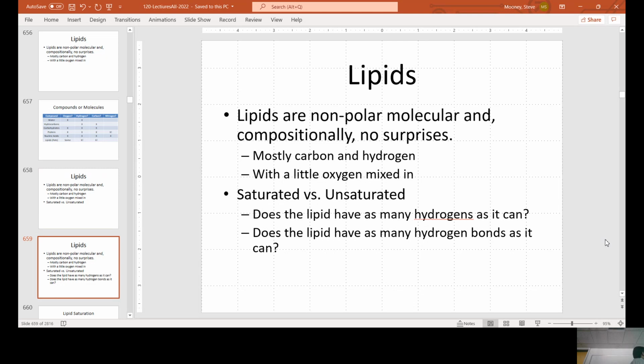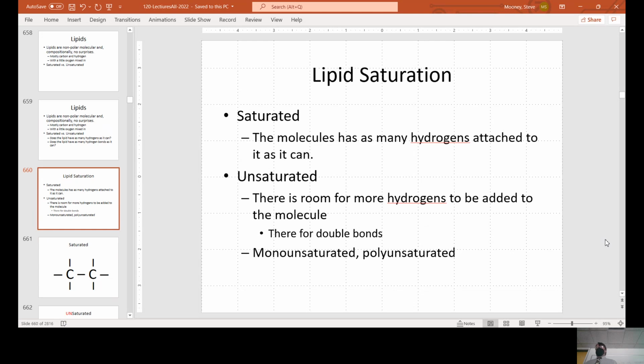If not, we call it unsaturated. So saturation, if a lipid molecule is saturated, that compound has as many hydrogens as can be attached to it.